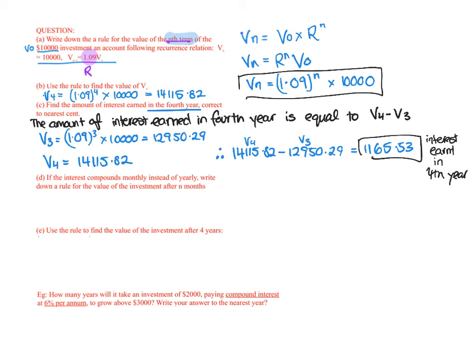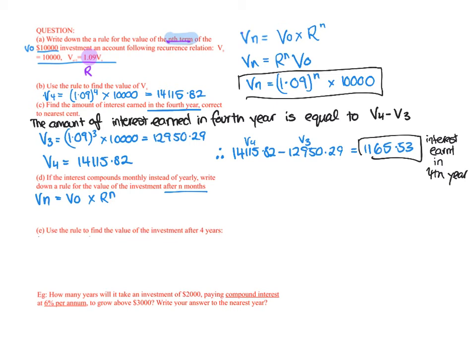All right, so if the interest compounds monthly instead of yearly, write down the rule for the value of this investment after n months. So what they want is the monthly formula. We still want a Vn, so it'll be V0 times R to the power of n.